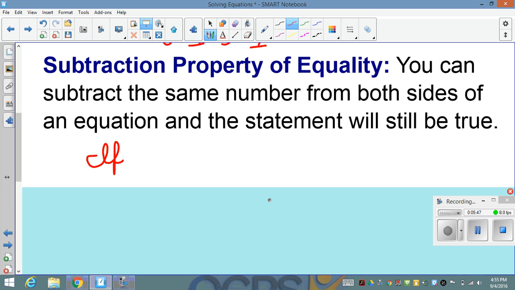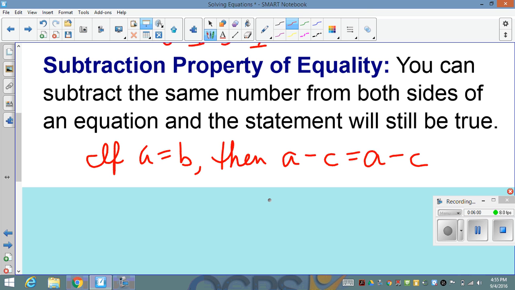If A equals B, then A minus C equals B minus C. So I can subtract the same thing from both sides and it stays true.